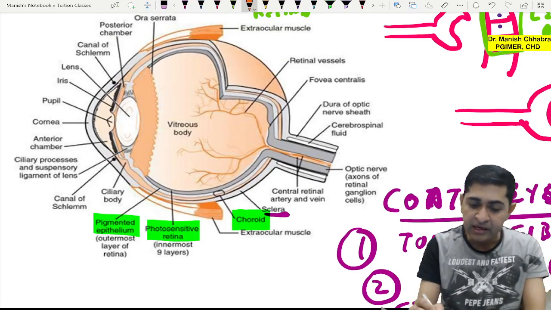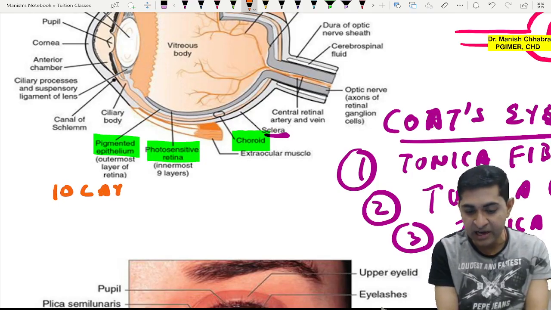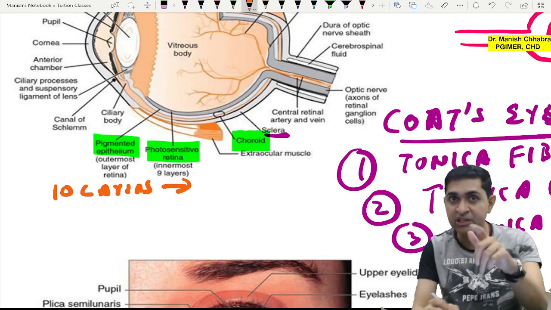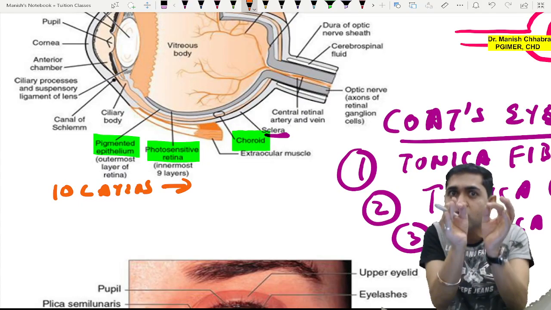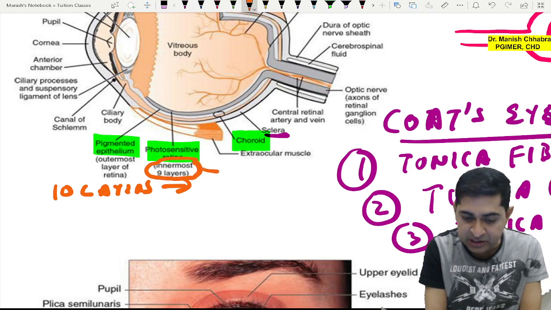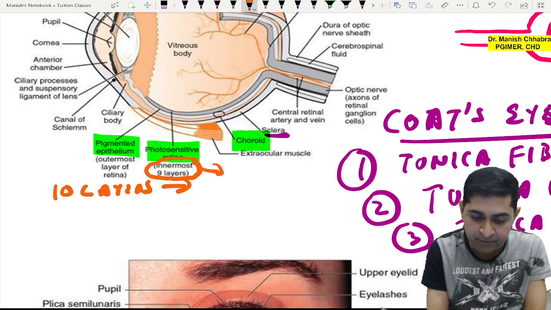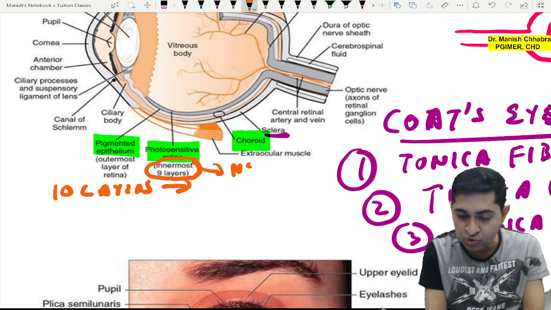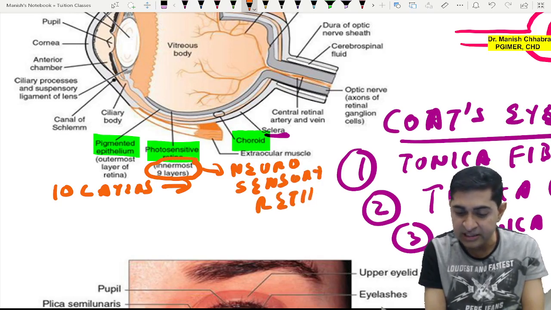Now the retina has 10 layers. Retina has how many layers? You have to repeat after me: 10 layers. The inner 9 layers are the neurosensory layer. The innermost 9 layers, as written here, are also known as the photosensitive retina, or neurosensory retina.